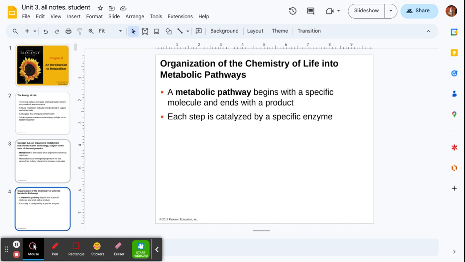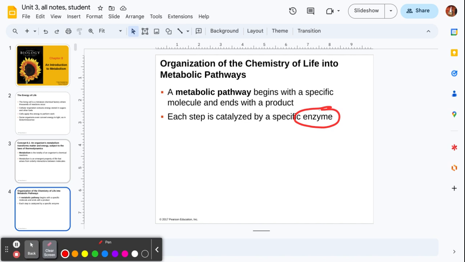Going from the food that you eat to the energy that's released is a pretty long process. There's lots of chemical reactions that occur, and that is the metabolic pathway. Each one of those chemical reactions is going to be made faster by a specific enzyme. So we're going to talk a lot in this unit about enzymes.